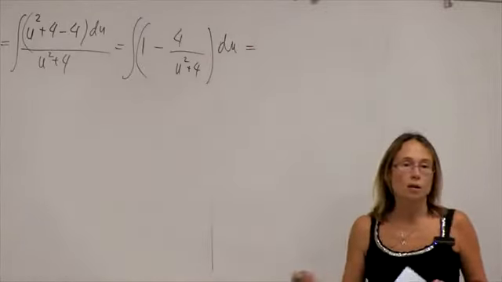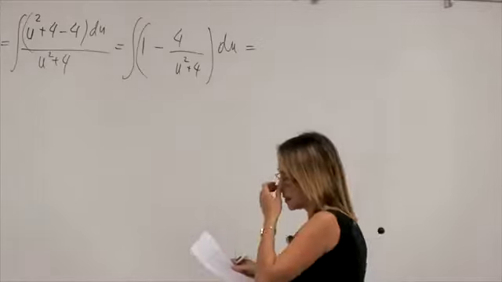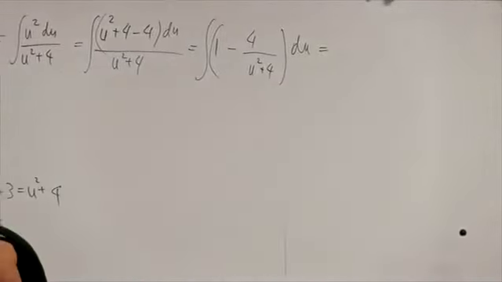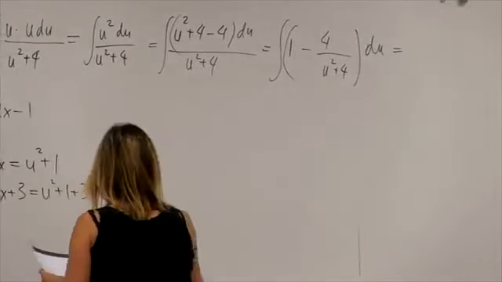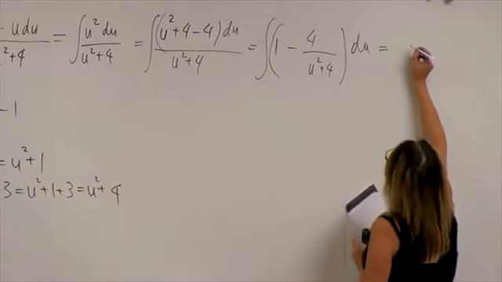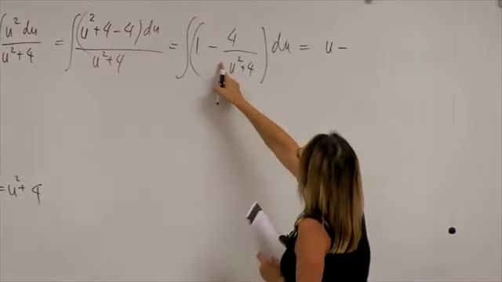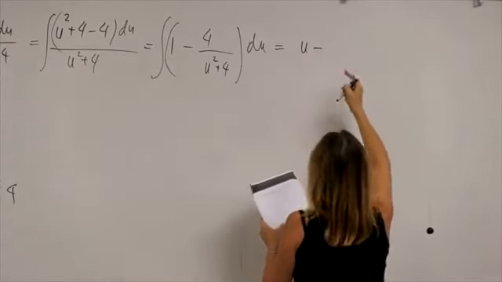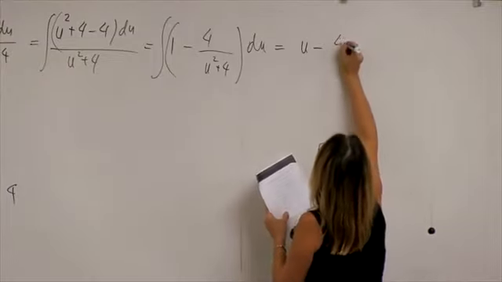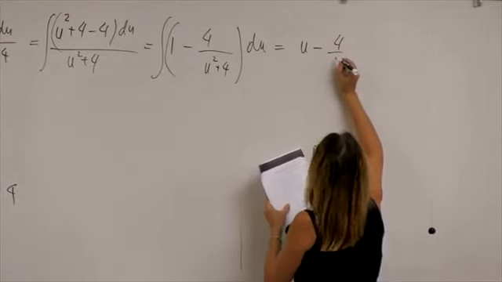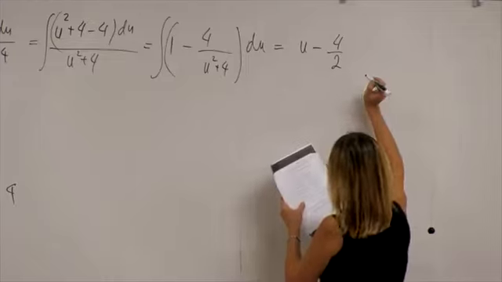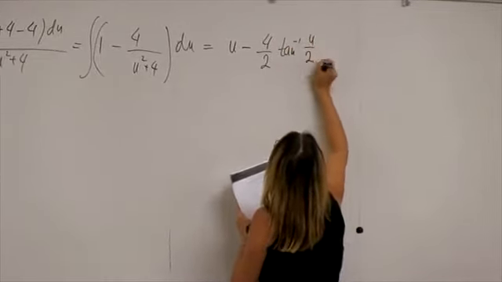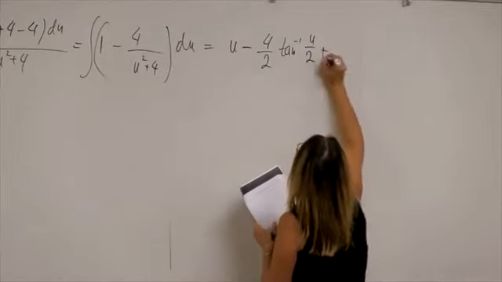Okay. So now this is easy. This is simply u. And this integral I wrote down at the beginning. It's given by the arctangent. So we have 4 divided by 2, tangent minus 1 of u over 2 plus c.